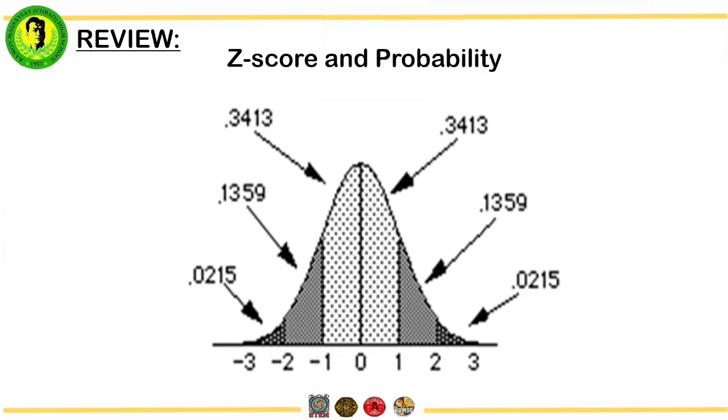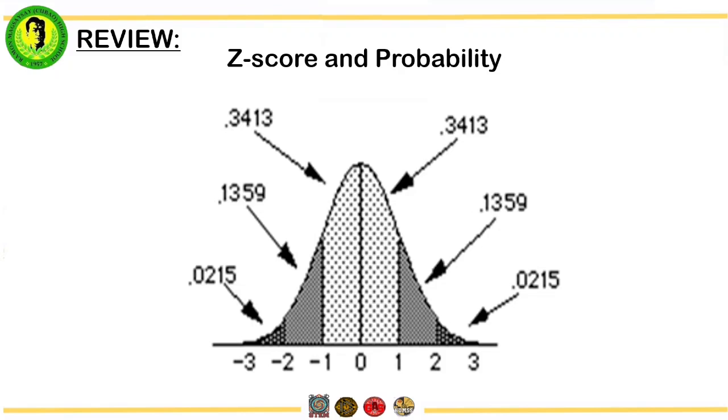So for example, if we want to know the probability of obtaining a value less than or equal to a particular value x from a normal distribution with a given mean and standard deviation, we can first calculate the z-score of x using the formula x minus mean over standard deviation.